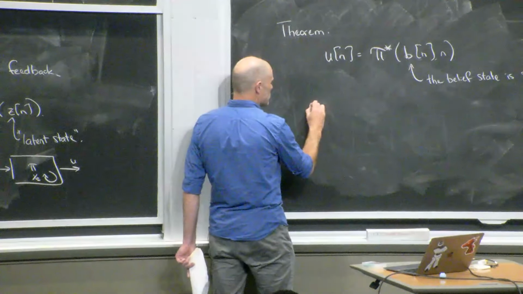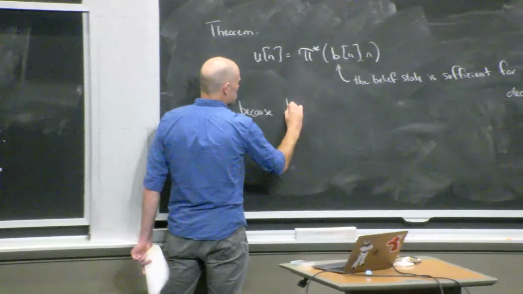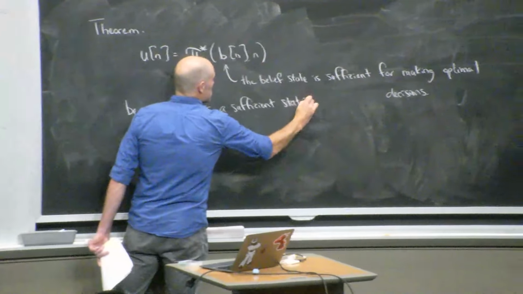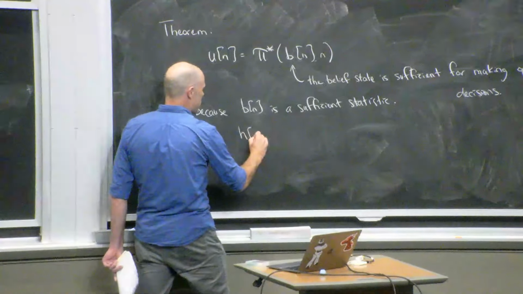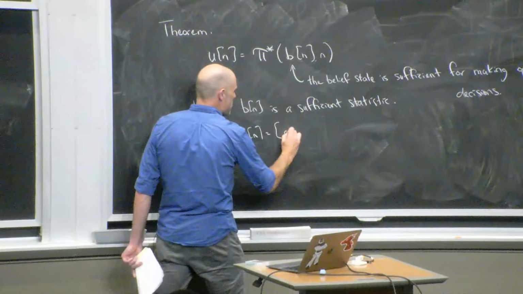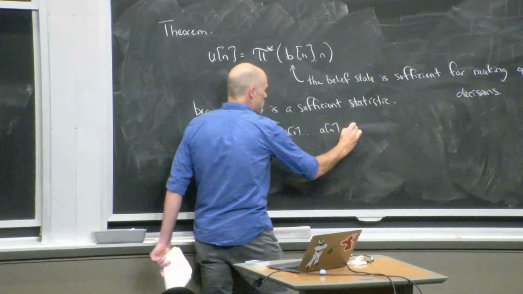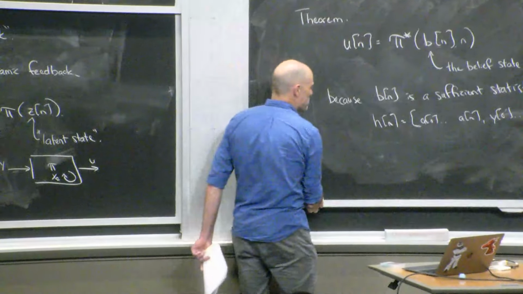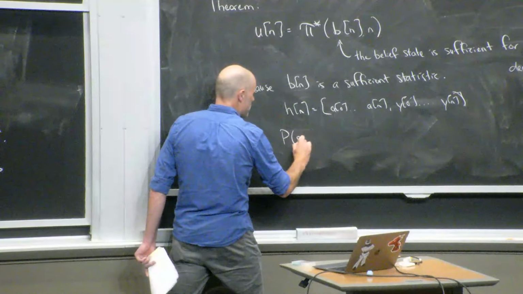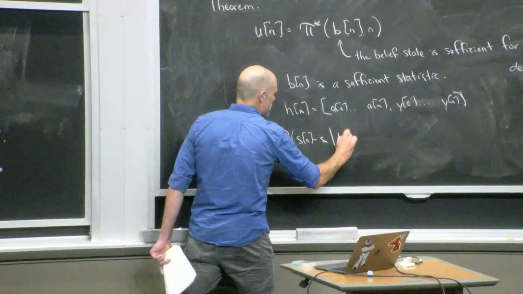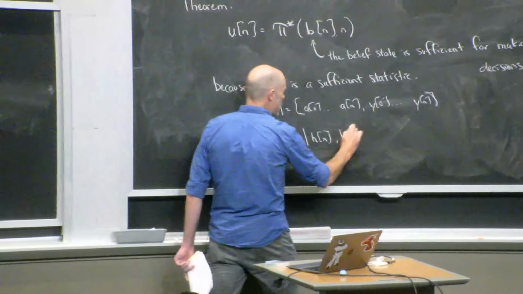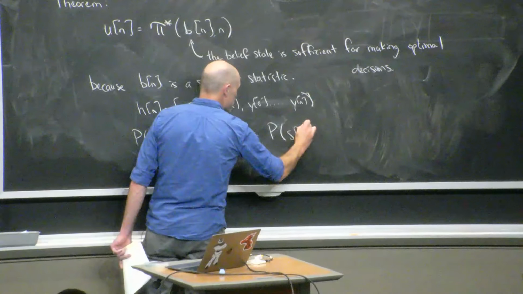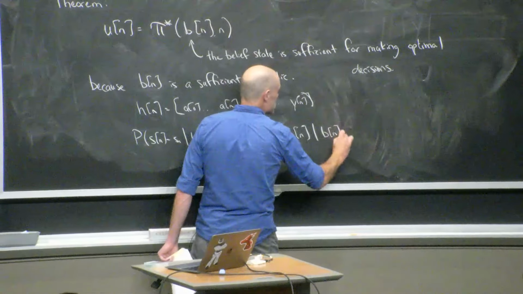If I call h_n my entire history, from a_0 to a_n and y_0 to y_n, then the probability, my belief here, conditioned on that history, it's sufficient to just use the belief.